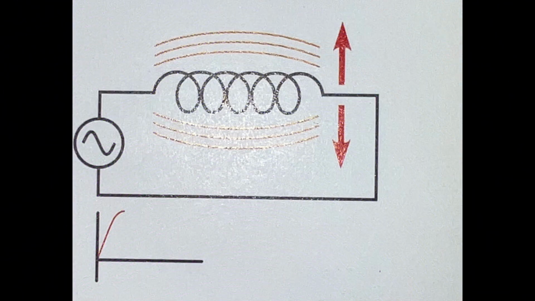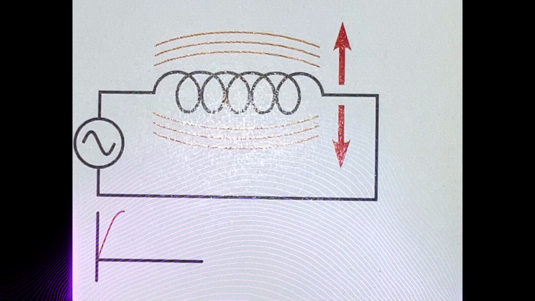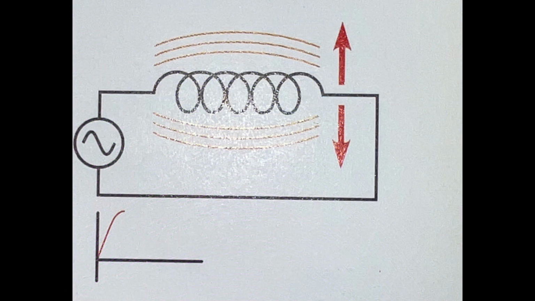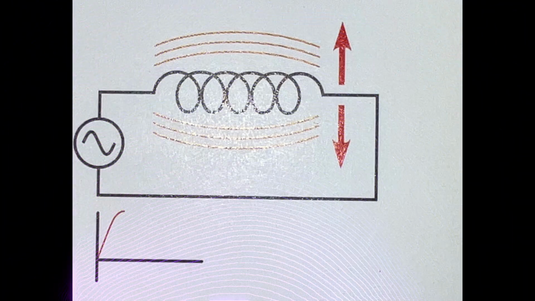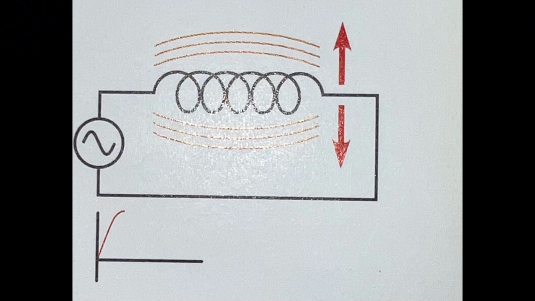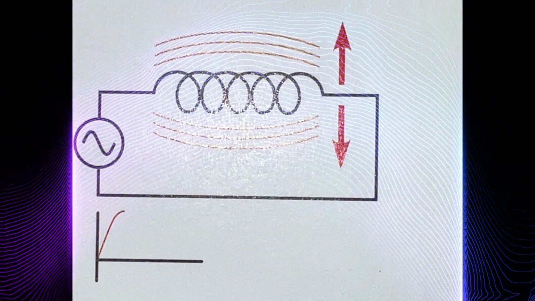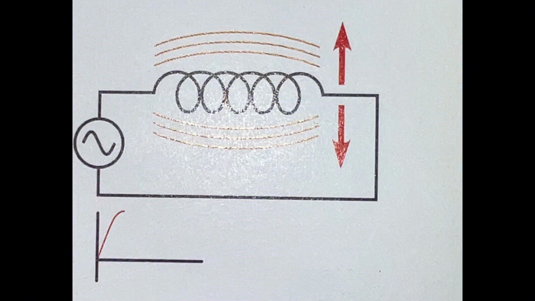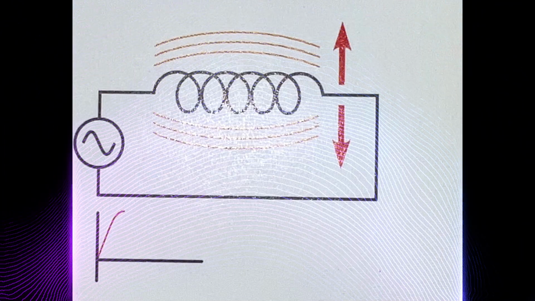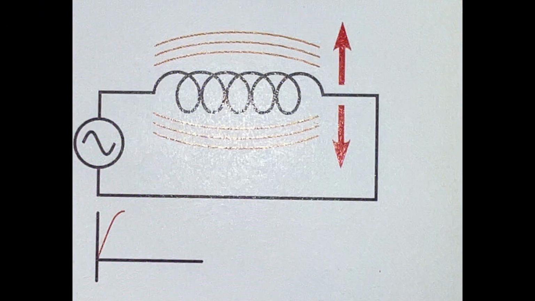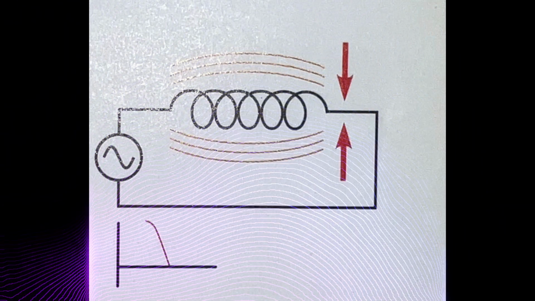As the current begins to decrease in value, the magnetic field produced by the flow of current decreases or collapses and begins to induce a voltage into the coil as it cuts through the conductors.